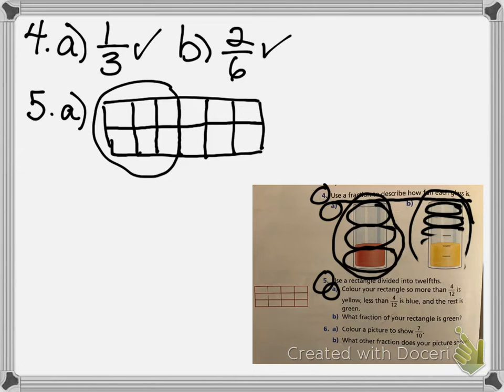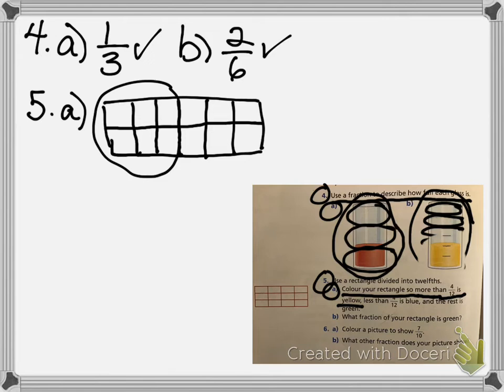Okay, so we did part A. We just did number 5. Okay, here's A. Color your rectangle so more than 4/12 is yellow. Oh, well, that didn't tell us to color in 4. It said to color in more than 4. Okay, so let's do that.